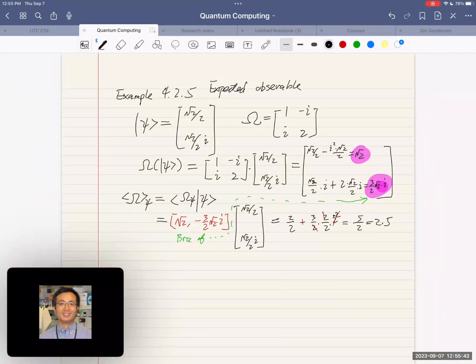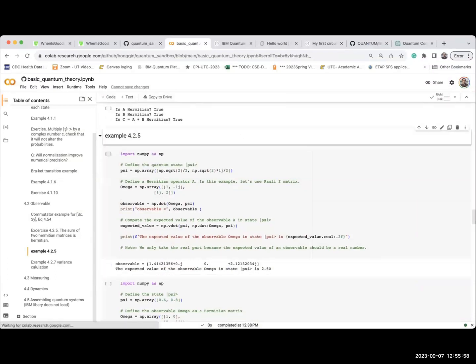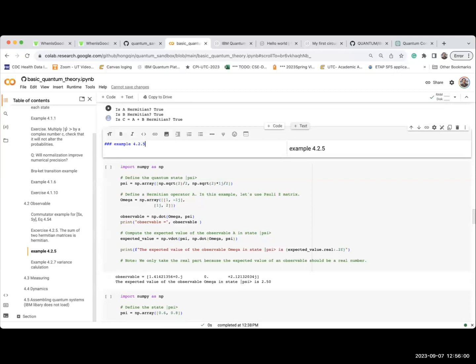So let's see our Python code. Example 4.2 in the book on expected observable.